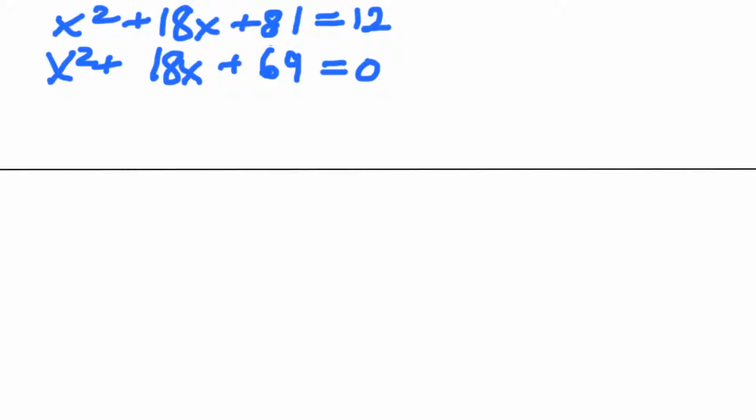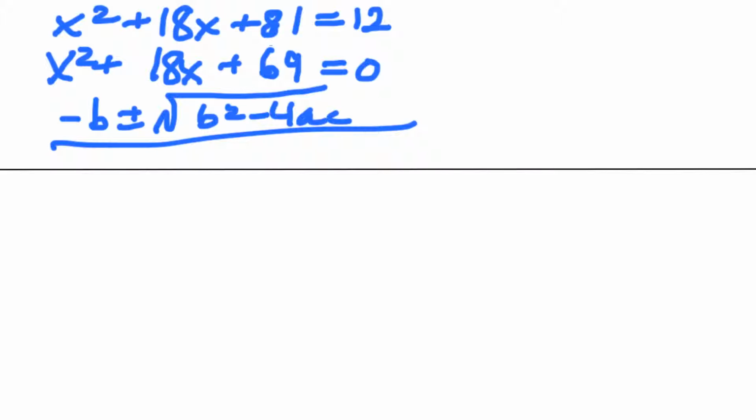I'm not recommending we do it this way, but I just thought it wouldn't hurt to show this way of doing it. So the quadratic formula is negative b plus or minus square root b squared minus 4ac over 2a. So negative b, negative 18 plus or minus the square root of b squared, 18 squared.